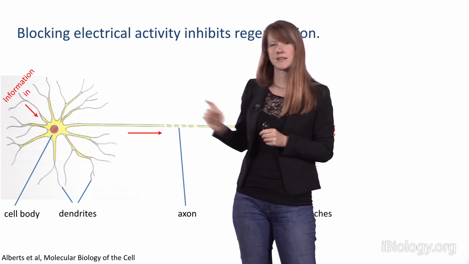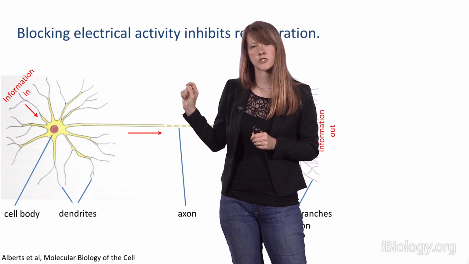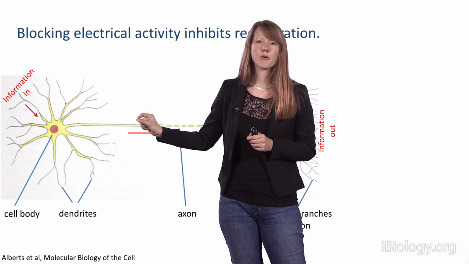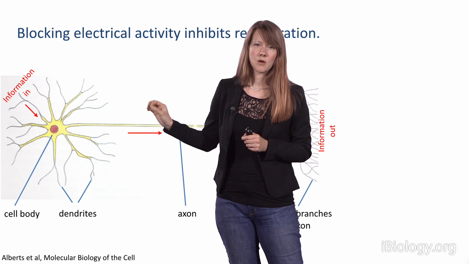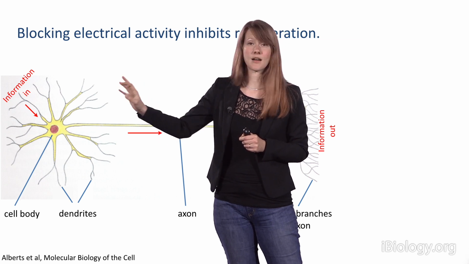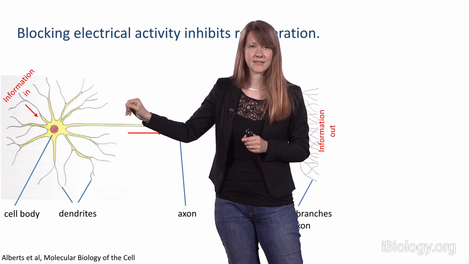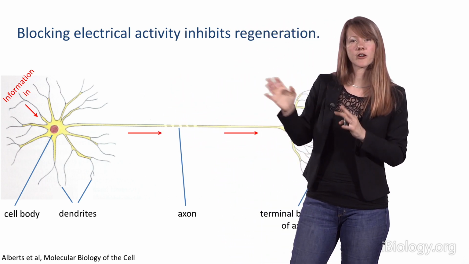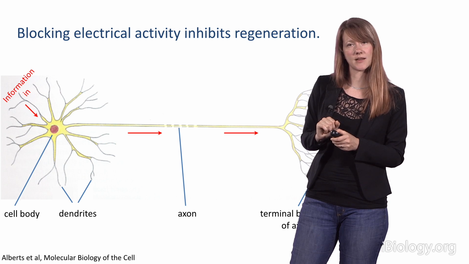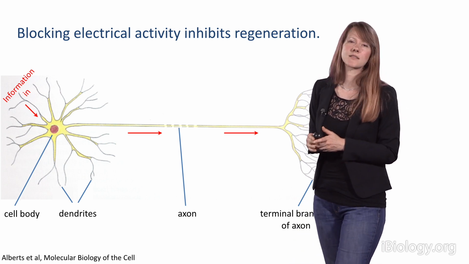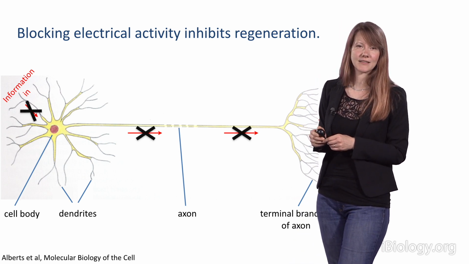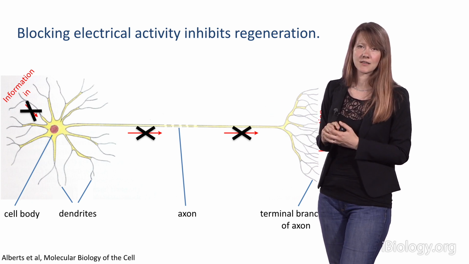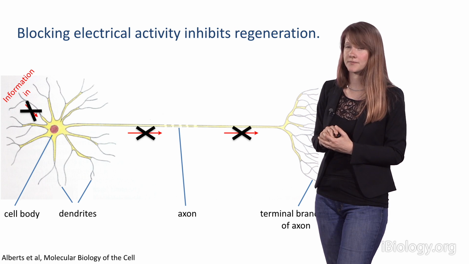What you might notice is that red arrow showing the direction of communication between the dendrites and the cell body, with regards to the flow of electricity from the dendrites to the cell body. So what we wondered was, what would happen if we blocked that? Could that have any effect on how these neurons regenerate or recover?